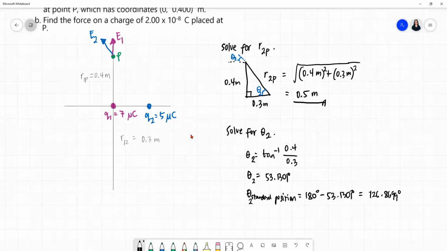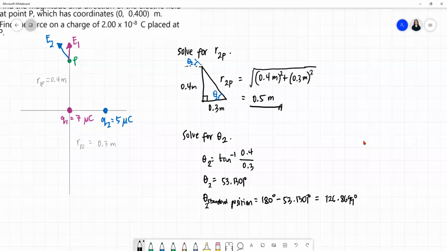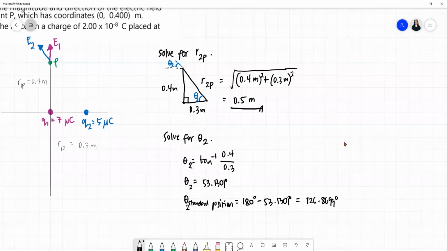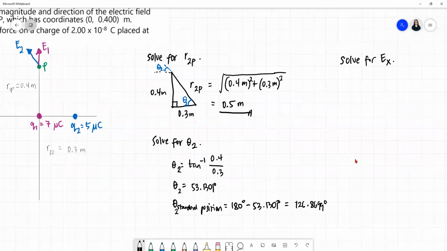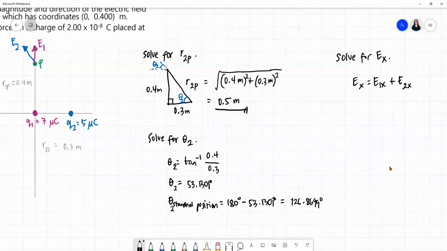So next we need to solve for the x component of the total electric field. Let's just label that as E sub x. So it would be E from the first charge, its x component, plus E from the second charge, its x component.